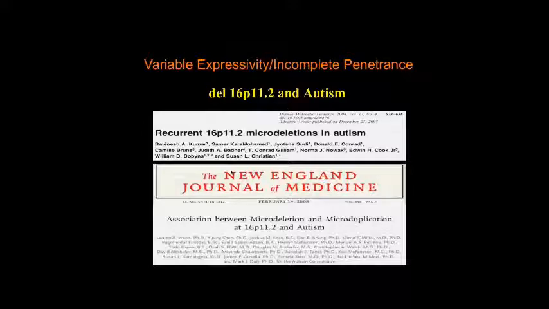There were 2 studies in 2008 describing that this was a microdeletion associated with autism. And the penetrance of this particular deletion for autism was felt to be around 15%. So certainly at that time you might say, well, this gives the pregnancy a predisposition to autism, and leave it there.